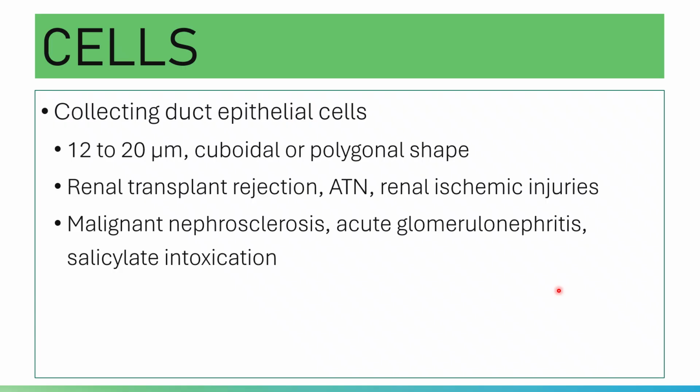Malignant nephrosclerosis and acute glomerulonephritis will also cause greater numbers of collecting duct epithelial cells.